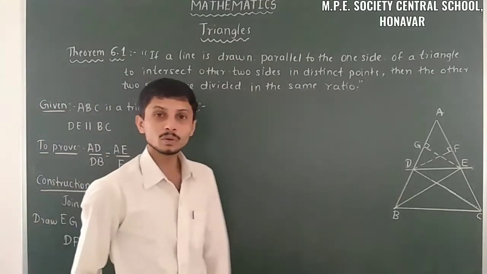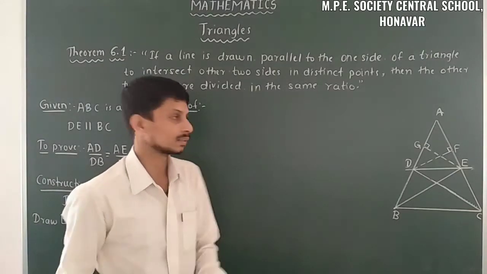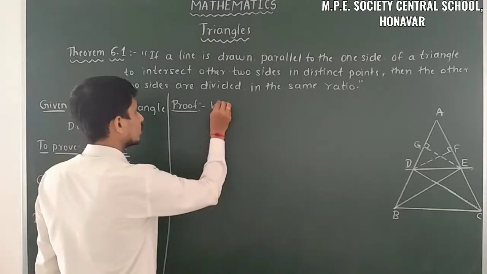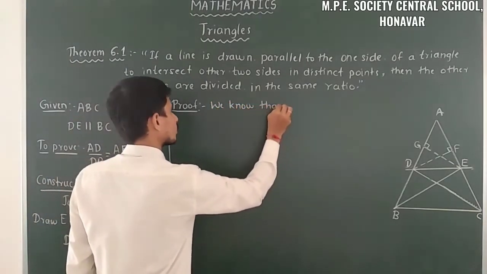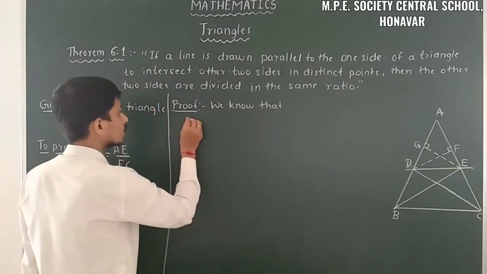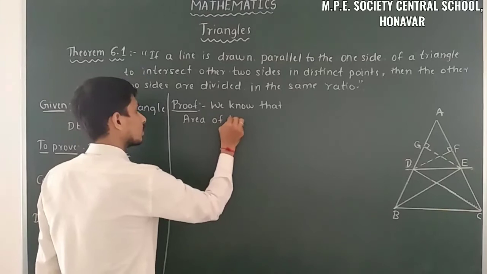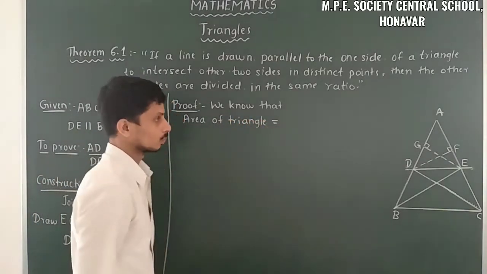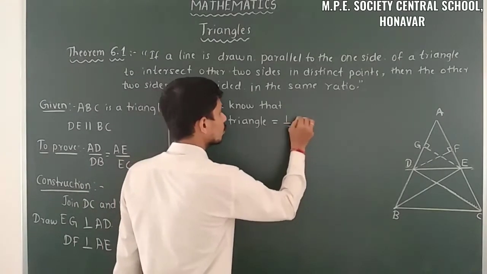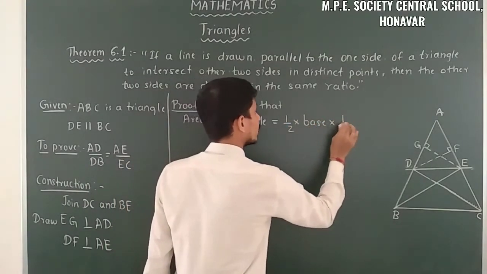Yes. So we know that the area of a triangle is half into base into height. So area of triangle is equal to half into base into perpendicular height.